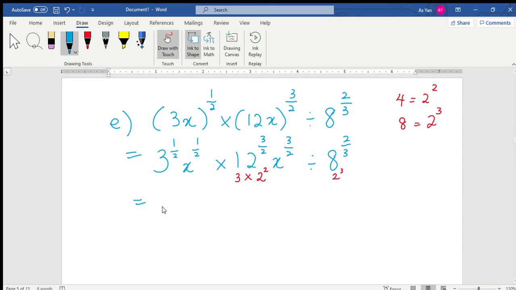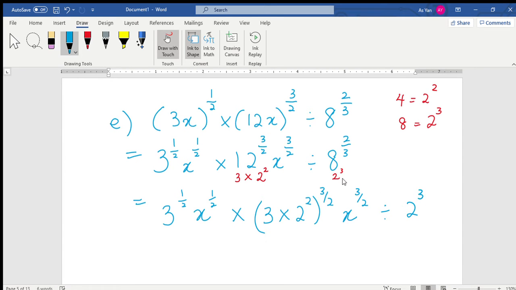So 3 to the power of 1 over 2 times x to the power of 1 over 2 times with 3 times 2 square raising the power of 3 over 2 x to the power of 3 over 2 divide by 2 to the power of 3, raising the power of 2 over 3.